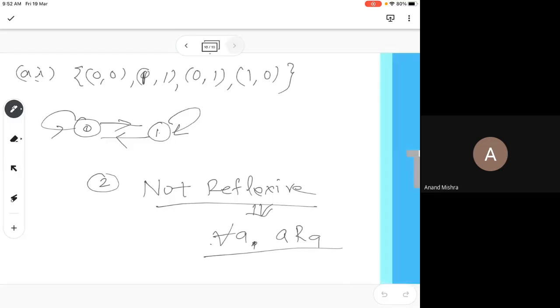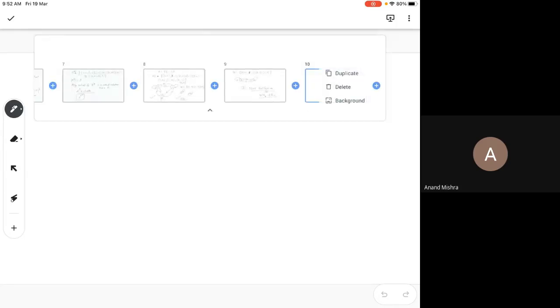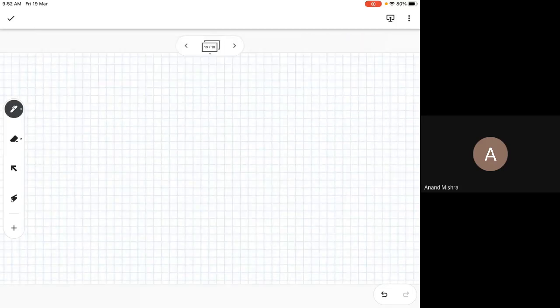Anyway, we already spent a lot of time, but we can quickly do one proof at least. So let's try to prove something. How do you prove something is an equivalence relation?